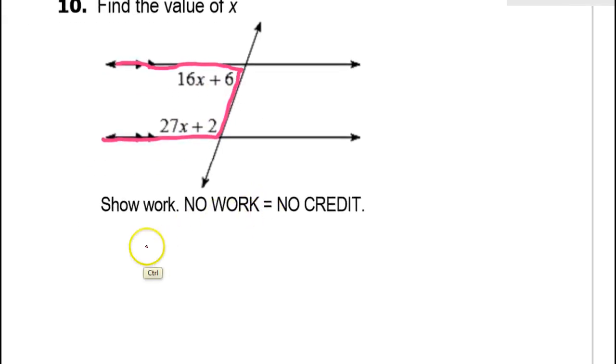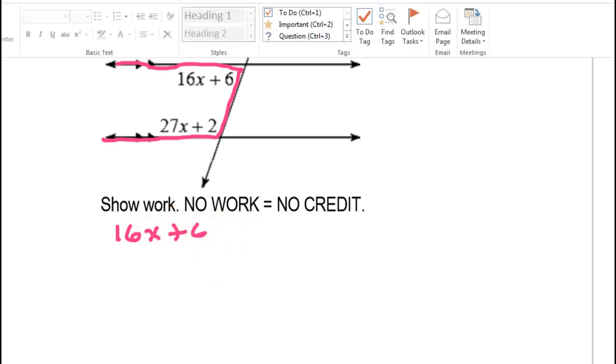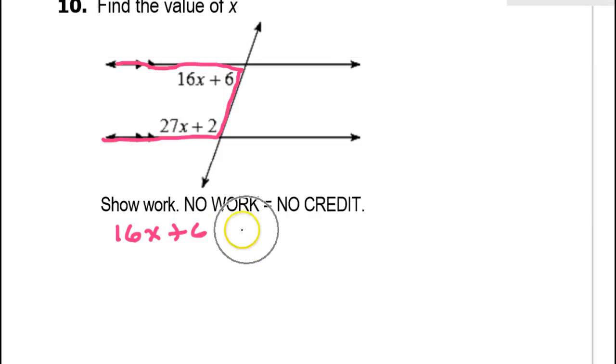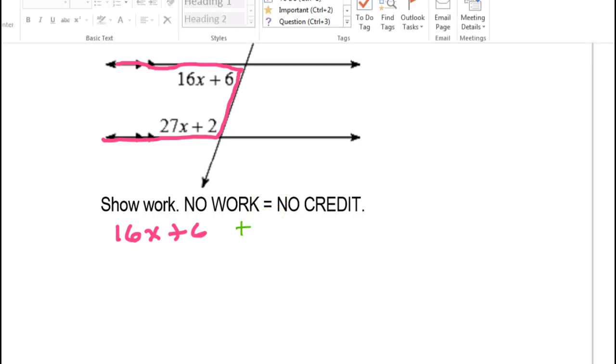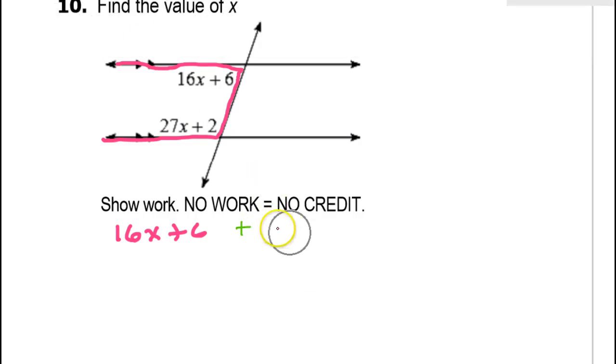So that means that 16x plus 6, that's one angle, plus the 27x plus 2. These have to add up to 180.